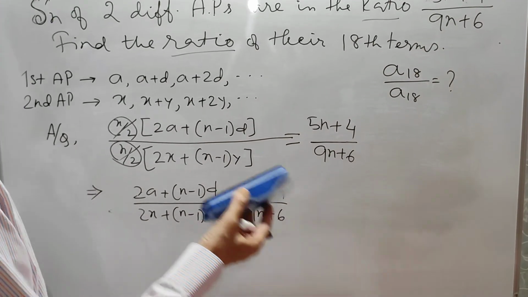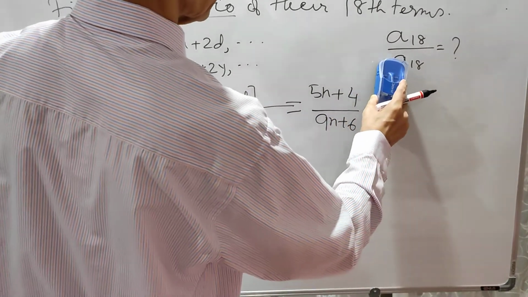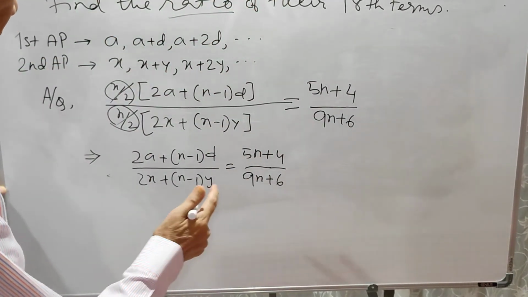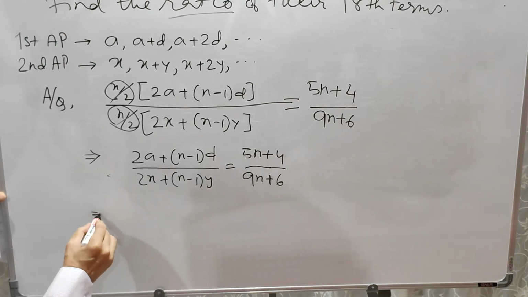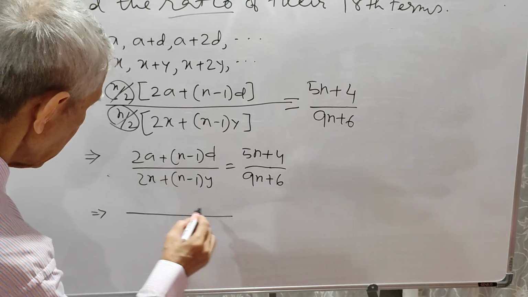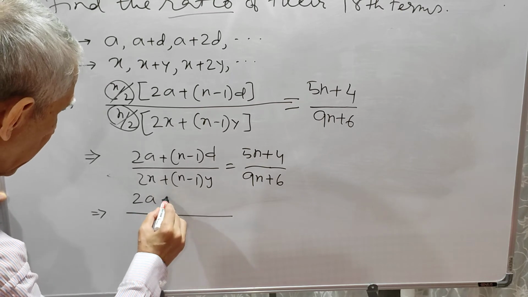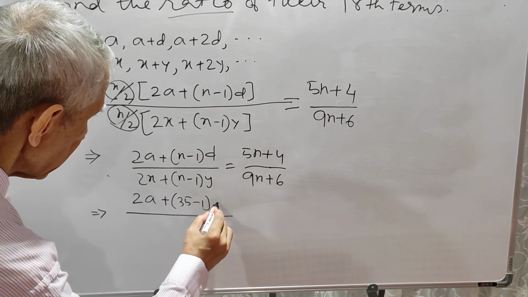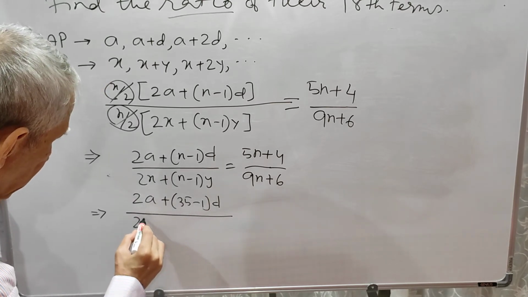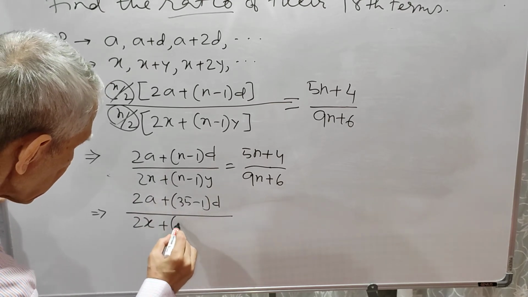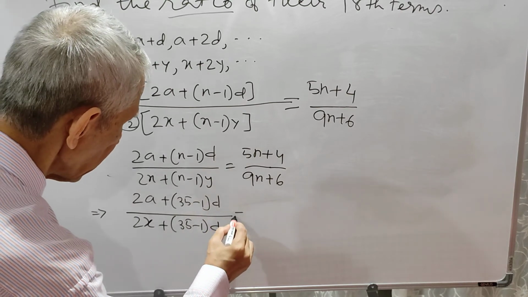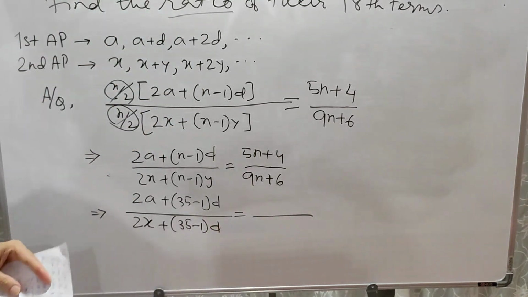All right. So next, what do we do? Twice A plus 35 minus 1 D by twice X plus 35 minus 1 Y is equal to, yes, now look very carefully.